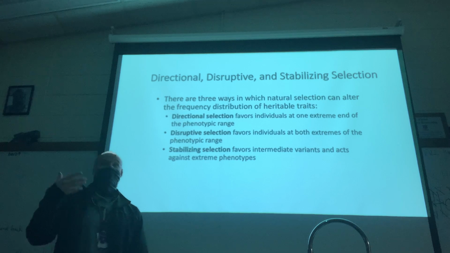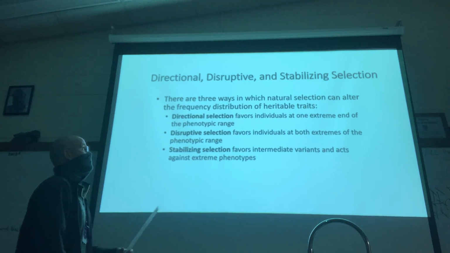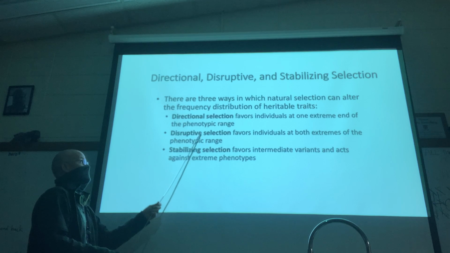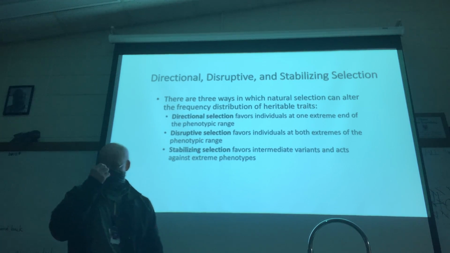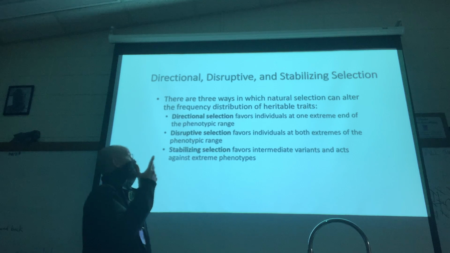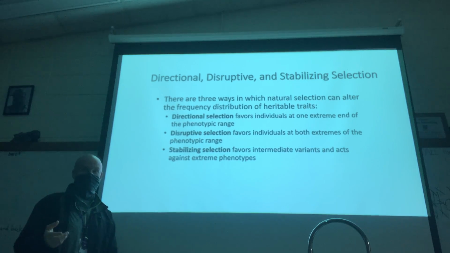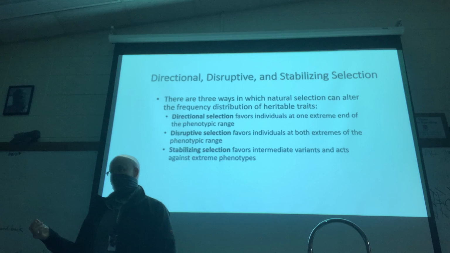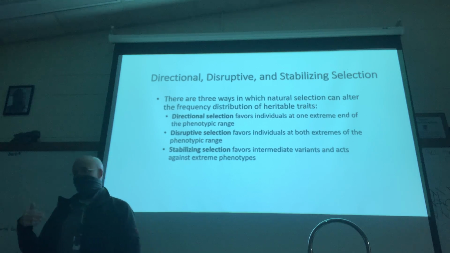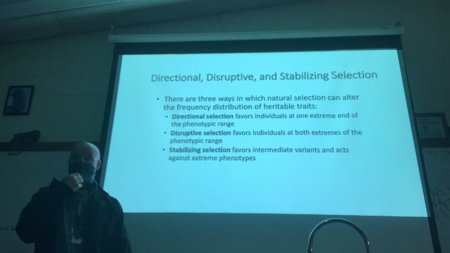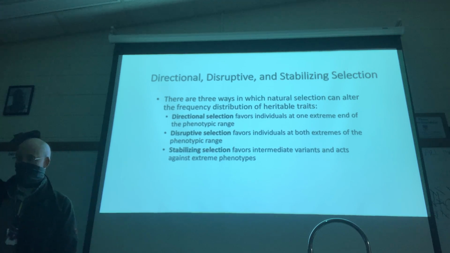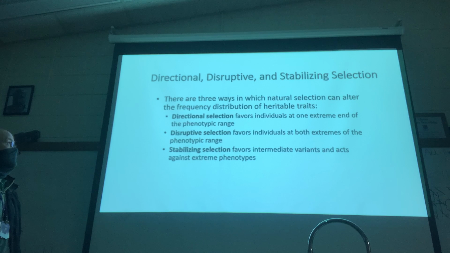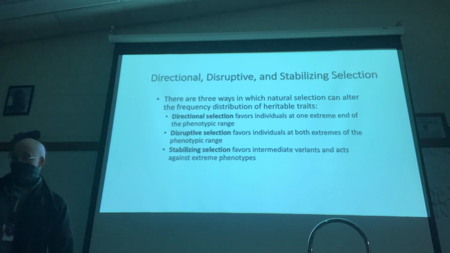And there are different results that you get from these different subgroups of natural selection. So again, we have directional, disruptive, and stabilizing. We're going to talk about each one briefly, and the next slide is really, to me, the easiest way to visualize this because it's got charts of all three types.